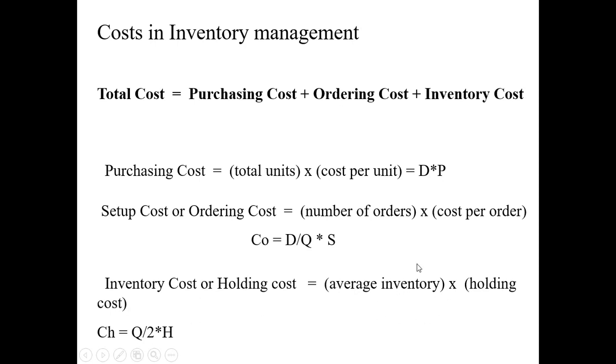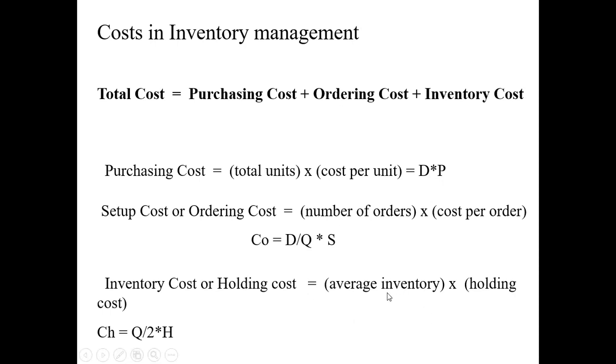Here we consider the average inventory because we are not going to keep the full quantity that is purchased in the inventory for the entire period of time, because there is a demand, and depending upon the demand the stock is going to reduce.